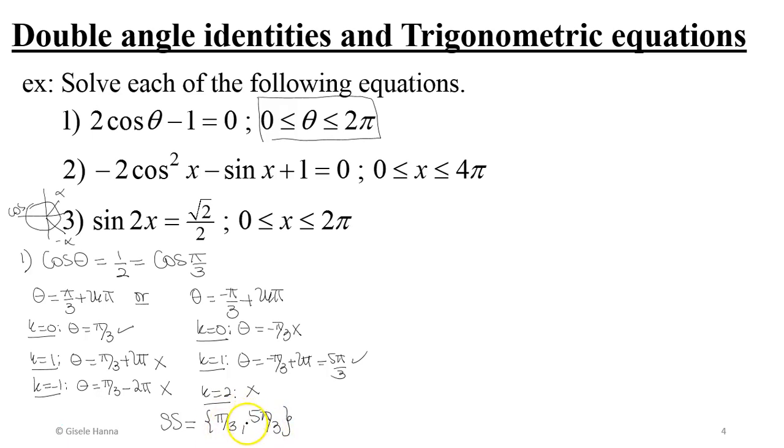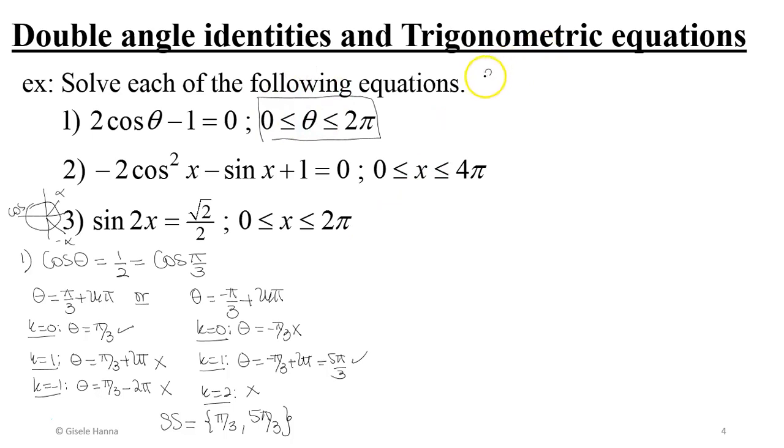So these are the only two solutions of this equation in this domain. However, keep in mind that whenever you change the domain of the equation, the solution set could change. You could have more values that are accepted or fewer values that are accepted, so the solution set could change according to the domain you are considering.